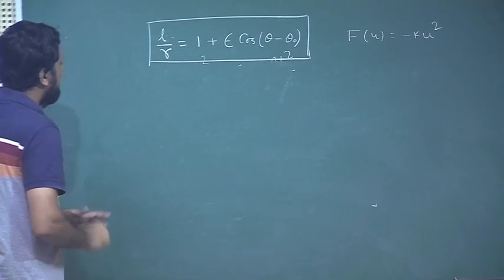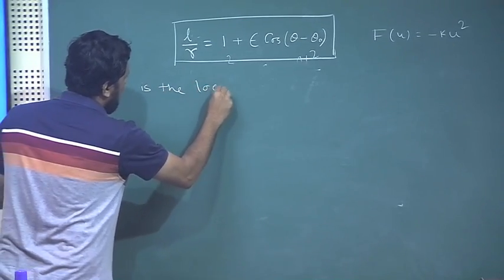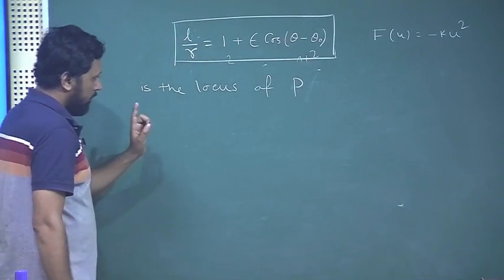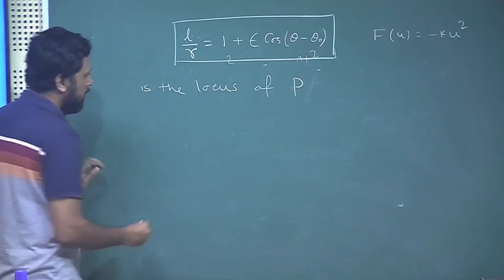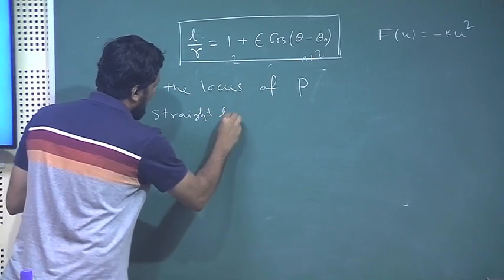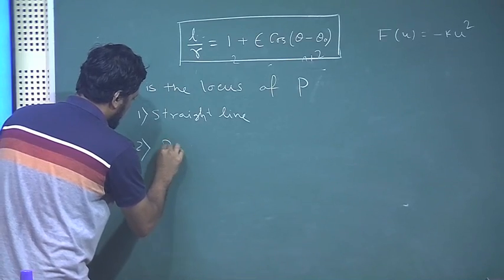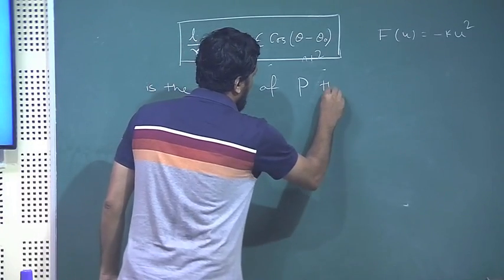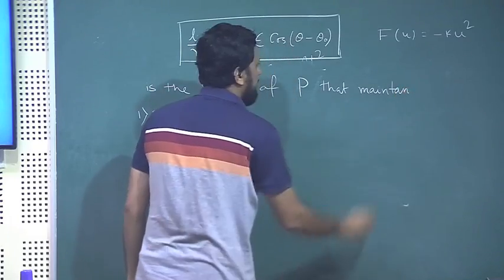The definition is: a conic section is the locus of a point P which maintains a fixed ratio of length with respect to a straight line and a point fixed in space.